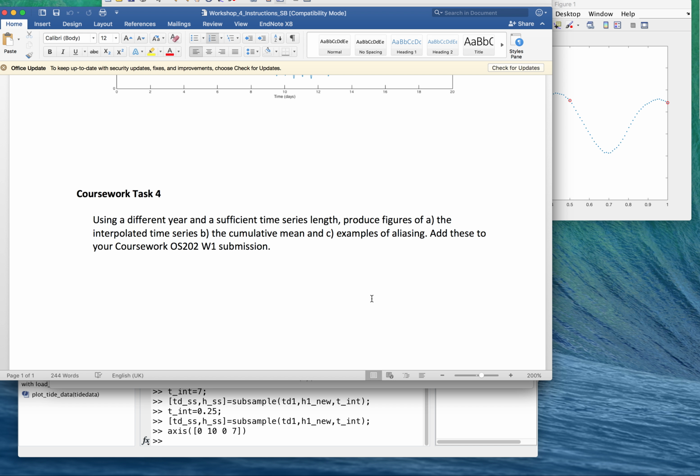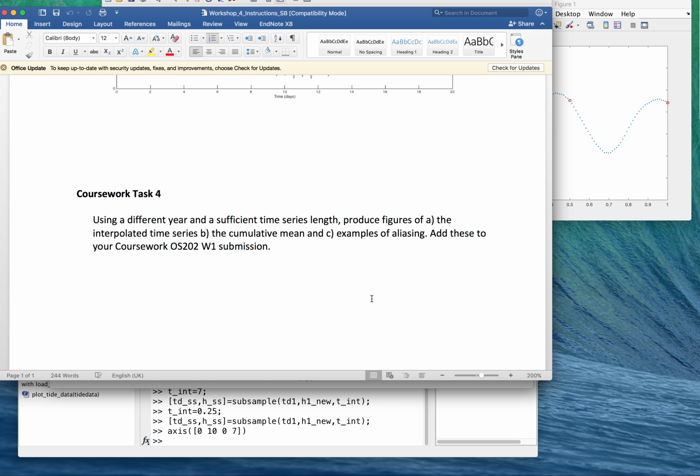So you have to try and find a time series which has got a sufficient length to it without a large gap, because as you might recall, the time series of 2012 had a larger gap, I can't remember, around 300 days or something, and that's very difficult to fill in that gap. So you need to work with a time series that has sufficient length and not so many gaps that you can't effectively interpolate them.